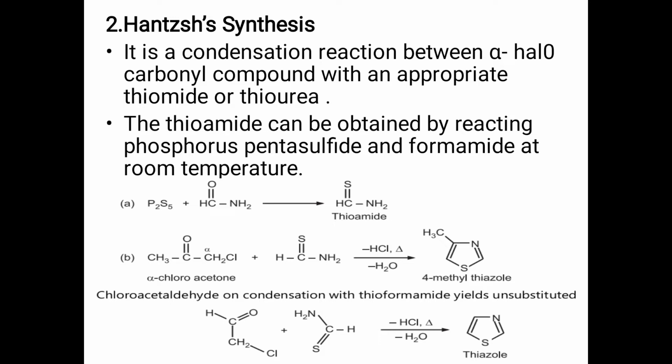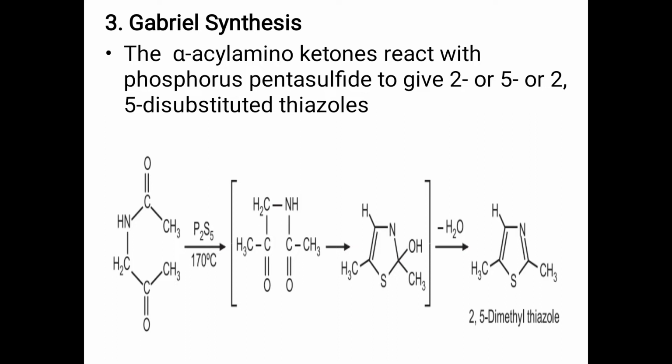The thioamide can be obtained by reacting phosphorus pentasulfide and formamide at room temperature. So here are the reactions which show the Hantzsch synthesis of a thiazole. Gabriel synthesis: the alpha acyl aminoketones react with phosphorus pentasulfide to give 2 or 5 or 2,5 disubstituted thiazole.